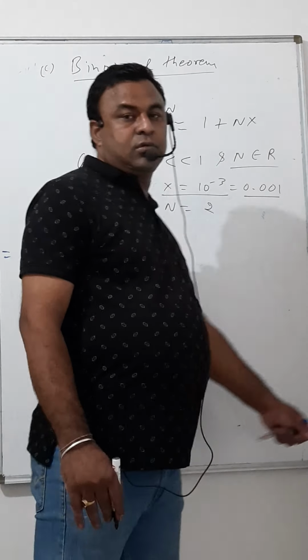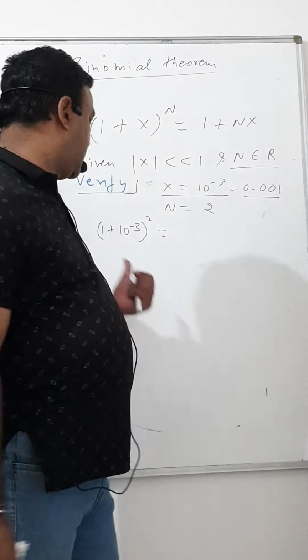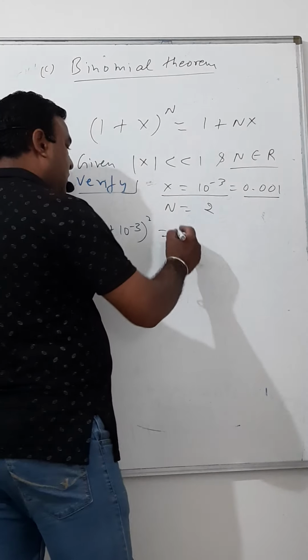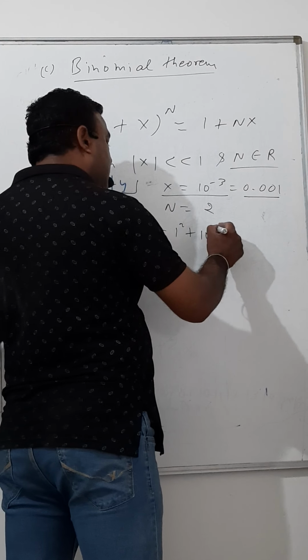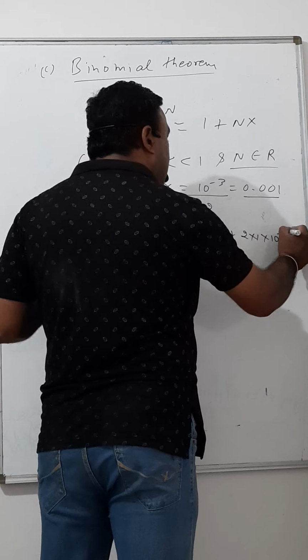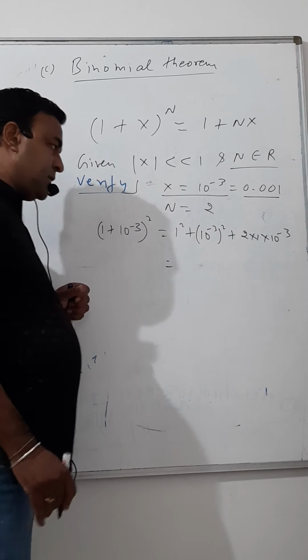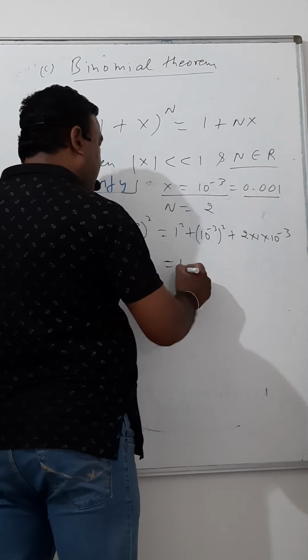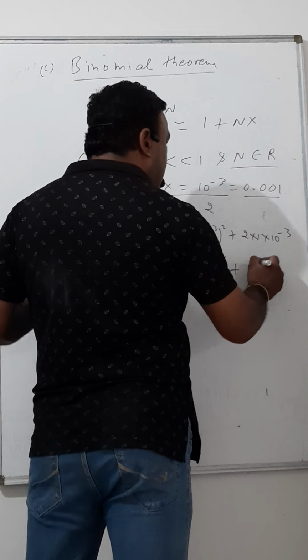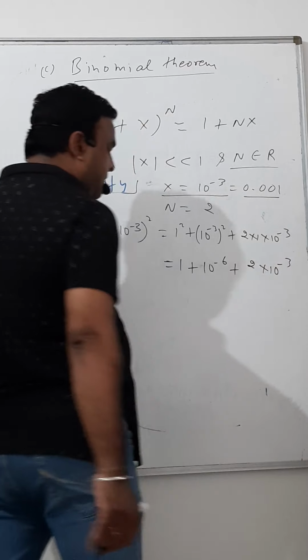That means (1 + x)^n is (1 + 10^-3)^2. First I will go through the conventional way. What I know: (a + b) whole square is a square plus b square plus 2ab. So it is 1 plus 10 raised to power minus 6 plus 2 into 10 raised to power minus 3.